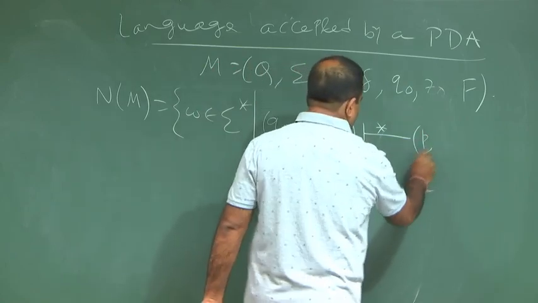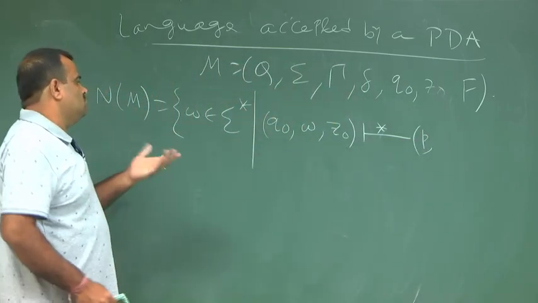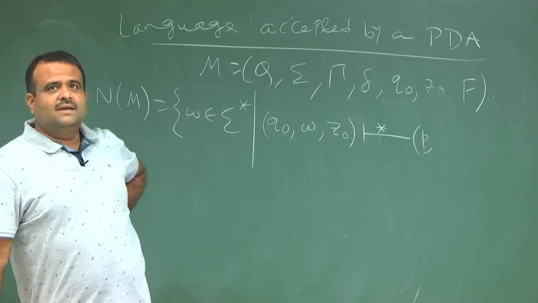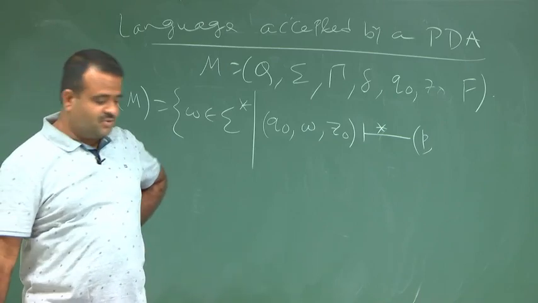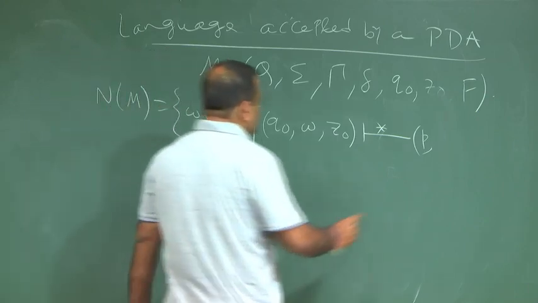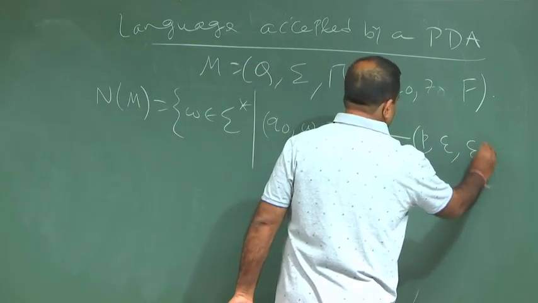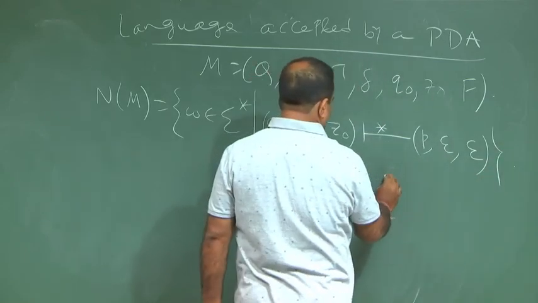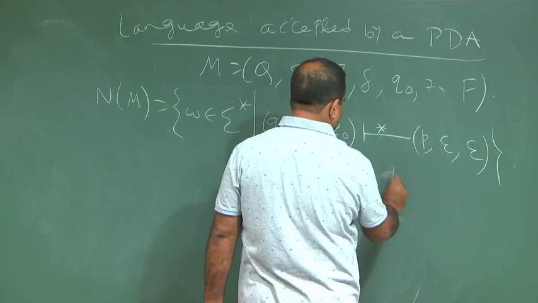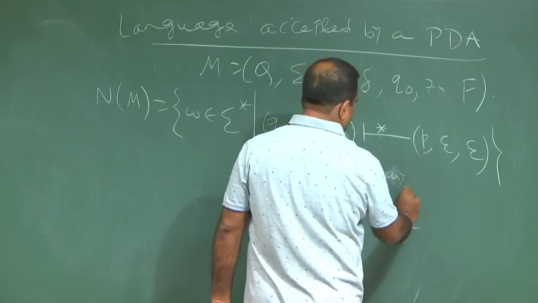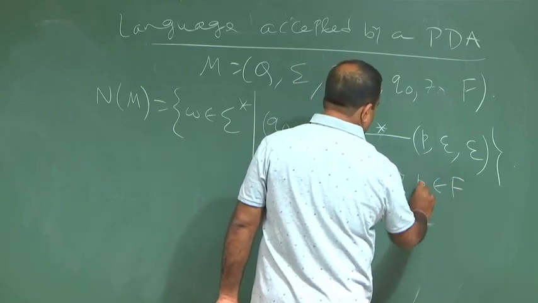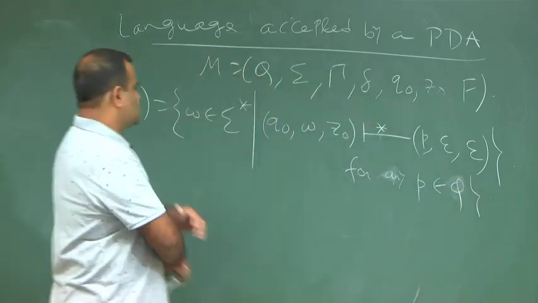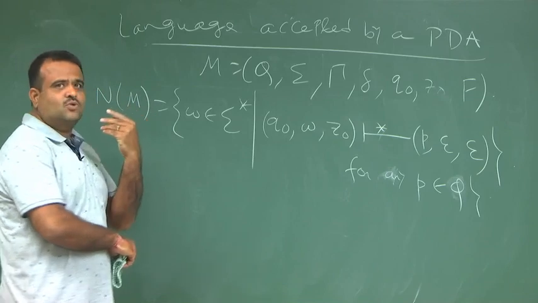We do not care about this Q, because this is not in terms of the language accepted by the final state, it is in terms of the language accepted by the empty stack. So, that means stack should be empty.